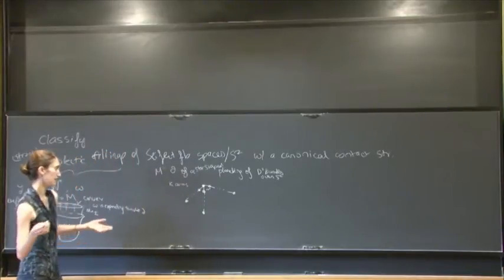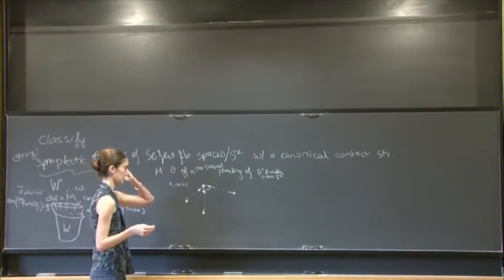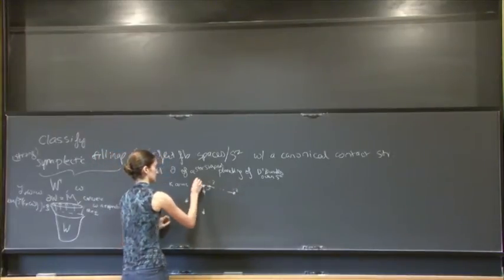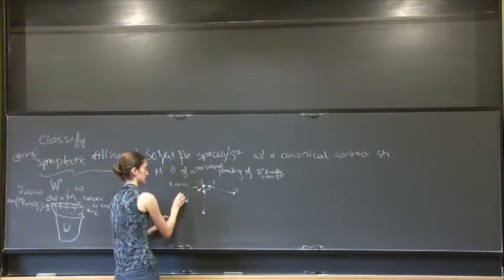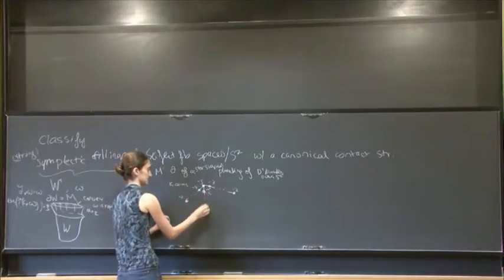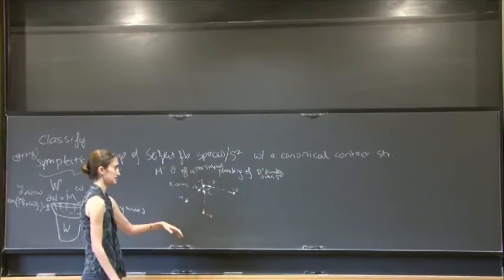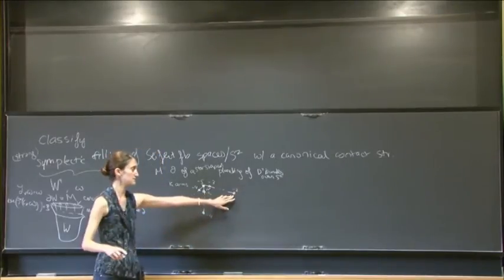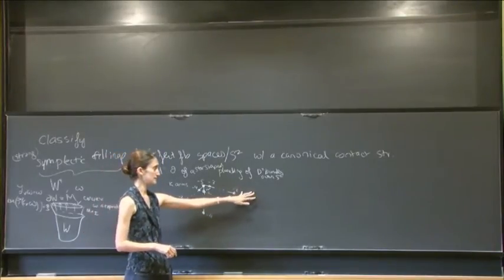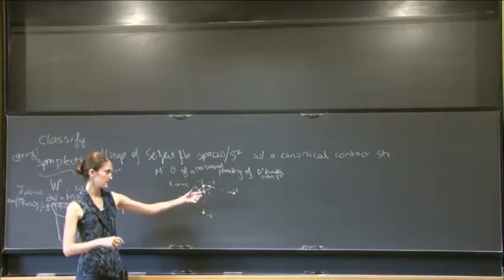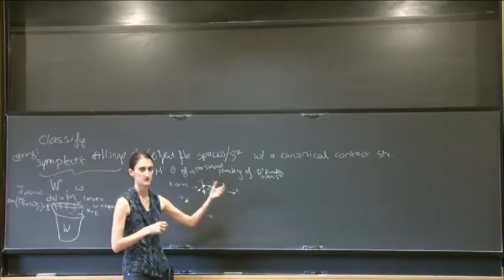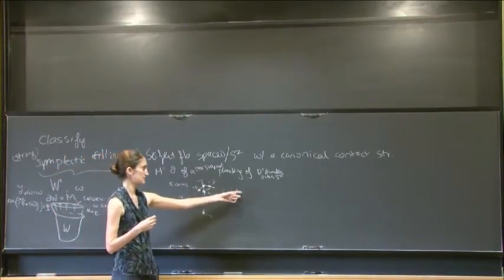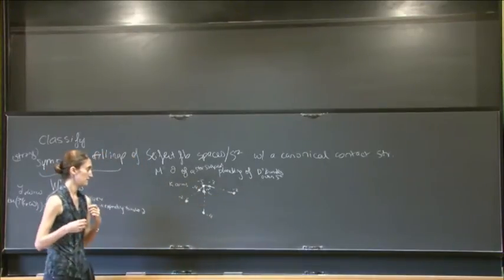And then the plumbing is determined by this graph if you put weights on it. So you have some integer weights on each of these vertices. And each vertex is supposed to represent a disk bundle over the 2-sphere. And the weight tells you its Euler number. So you can basically think about this as finding an embedded 2-sphere inside of a 4-manifold whose self-intersection number is given by that weight.